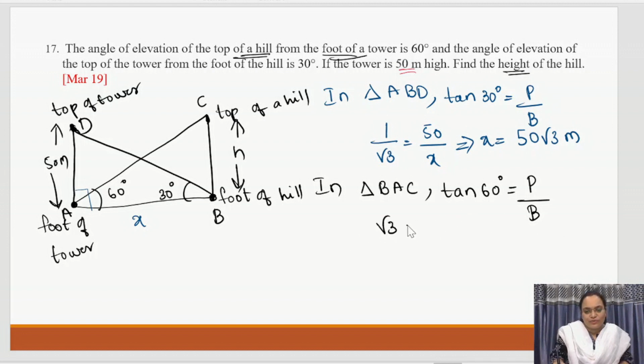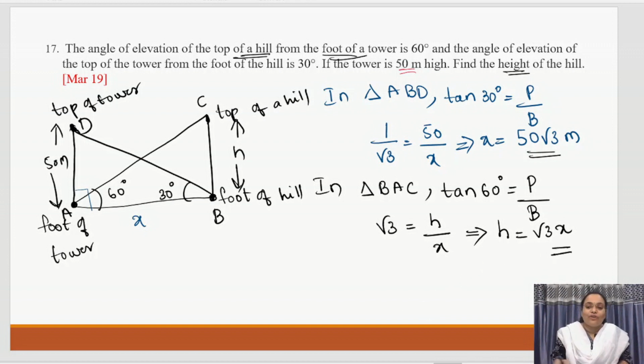Tan 60 is root 3. Root 3 is equals to perpendicular, h, by x. Here we want to find the value of h, so h is equals to root 3 x.